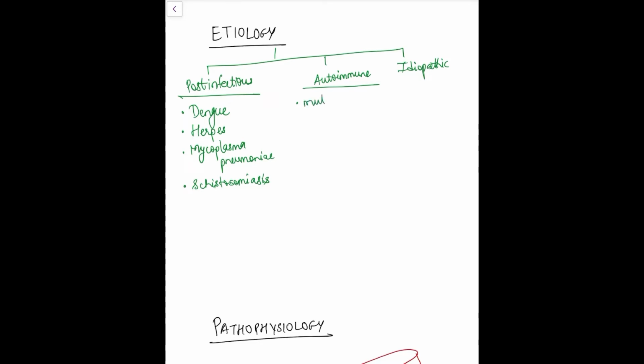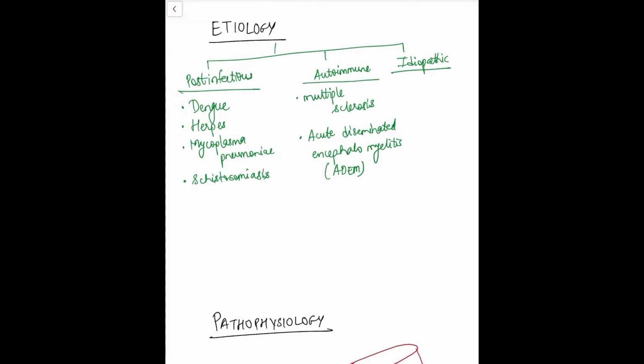Multiple sclerosis and an entity which is very common in children, acute disseminated encephalomyelitis, ADEM, and idiopathic, the cause of which we don't know. So these are the causes of transverse myelitis.